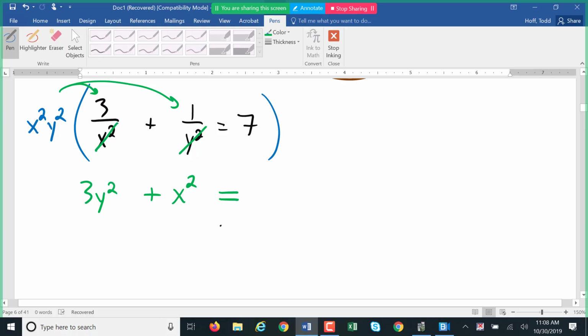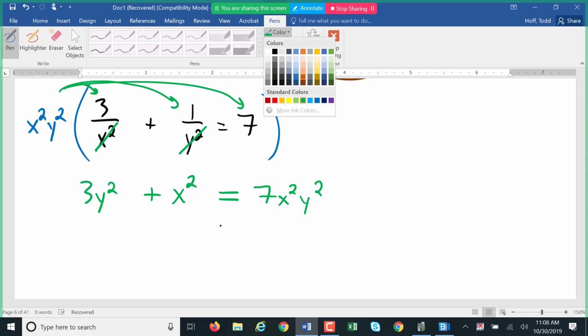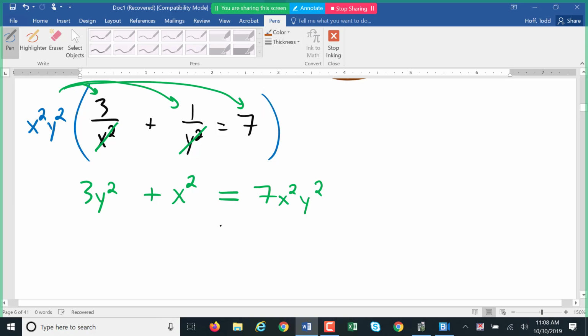Equals, and now we have to remember to multiply the other side of the equation as well. 7 times X squared Y squared is just 7X squared Y squared. That was the easy part. Now we have to figure out how to isolate one of those variables. The term where the X and the Y are together makes it really difficult to separate them.